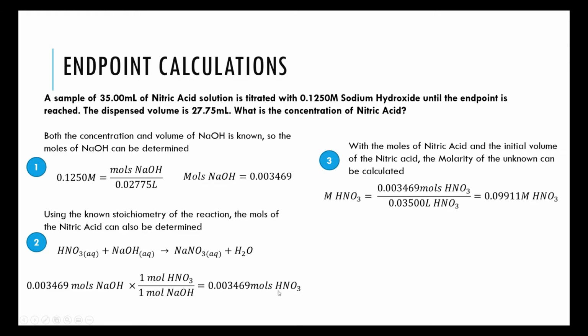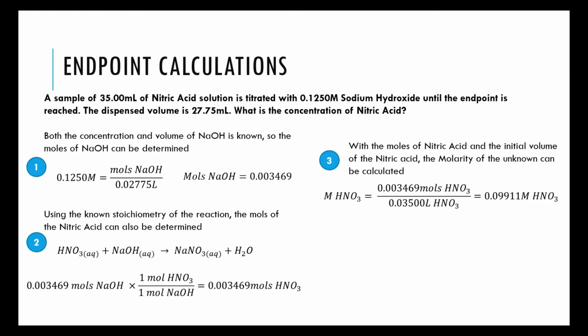Now you have the moles of nitric acid and you still have that volume. It's the volume of nitric acid that you started with. The number of moles did not change, but as you were adding the sodium hydroxide, the volume changed. These are typically asking, what is that initial volume?